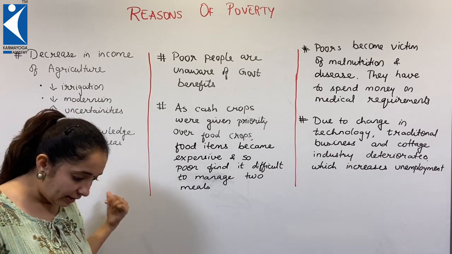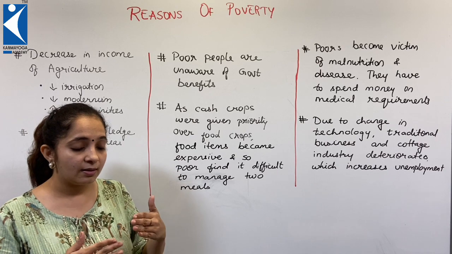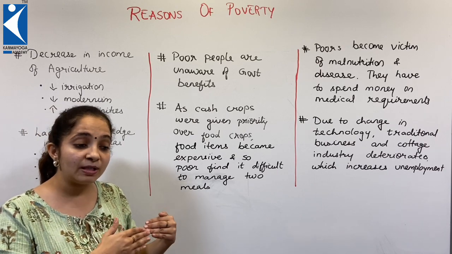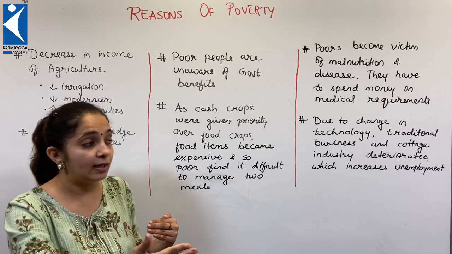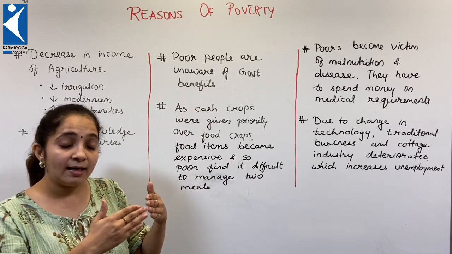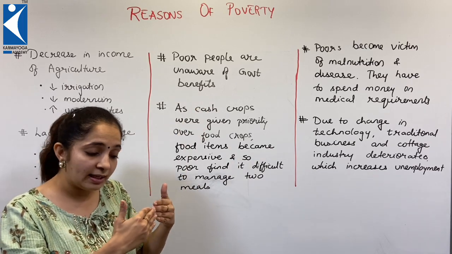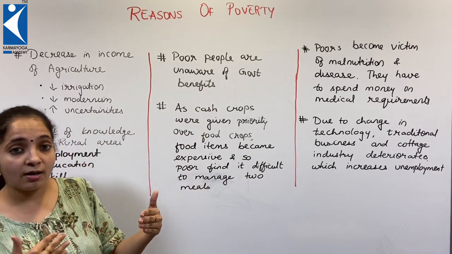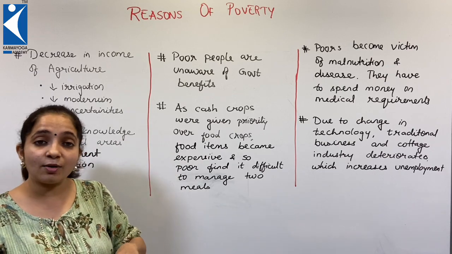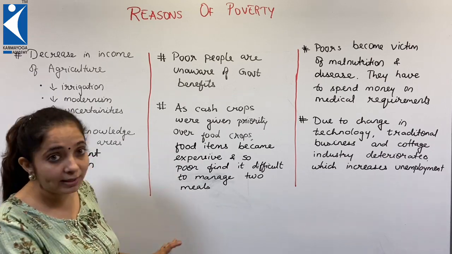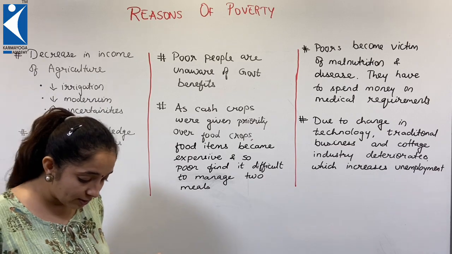See, the reasons mentioned so far explain why a poor person making 100 rupees is not making 150. Now the following reasons are that he has 100 rupees but is not able to get food, because those 100 rupees are not sufficient to buy 2 meals, since food has become expensive.